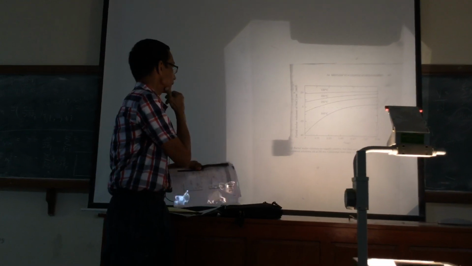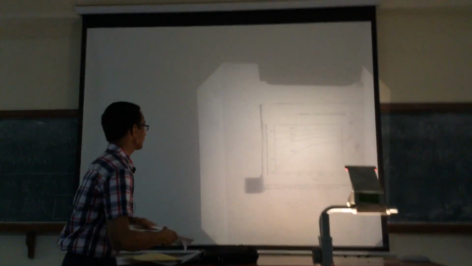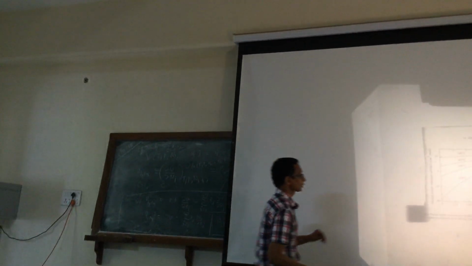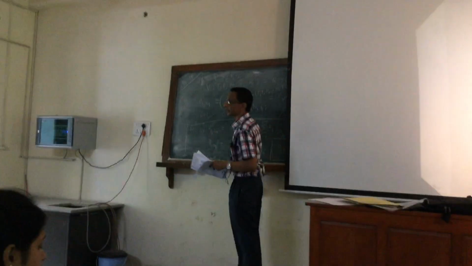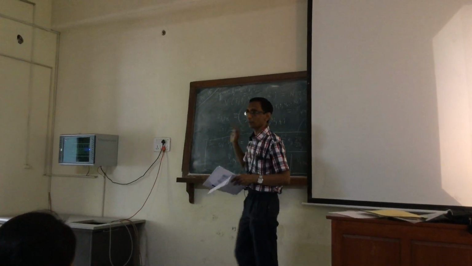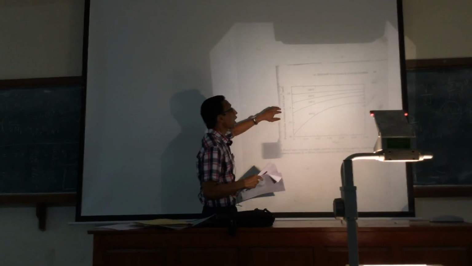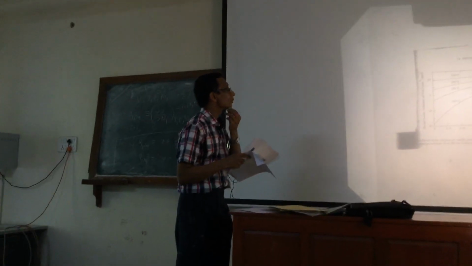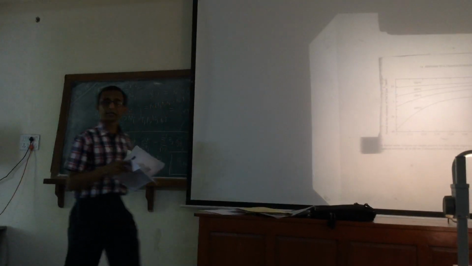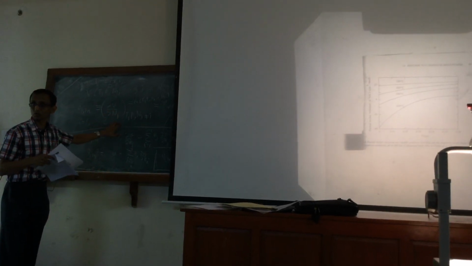The explanation the authors have given: when partial molar volume is negative, you have to look at this formula, dV by dNi. So when I add sodium chloride, this is with respect to sodium chloride, the partial molar volume of sodium chloride.